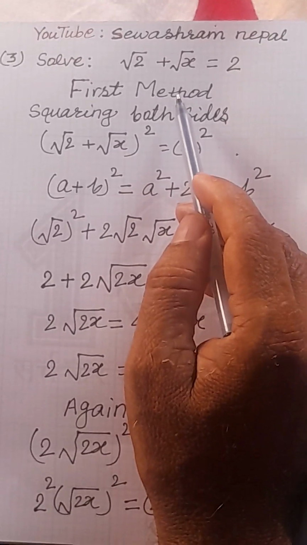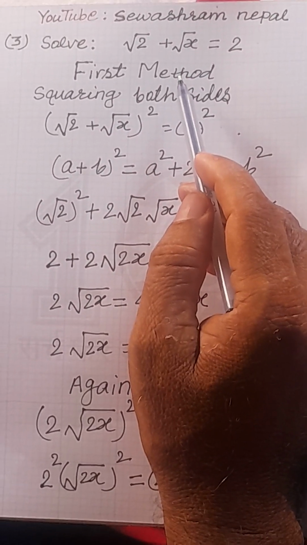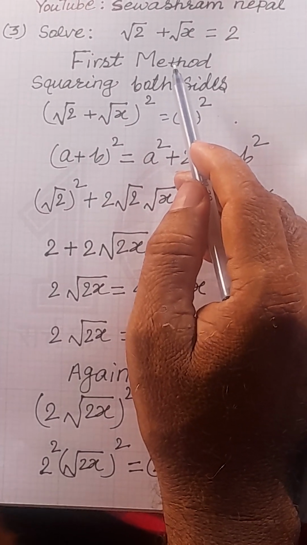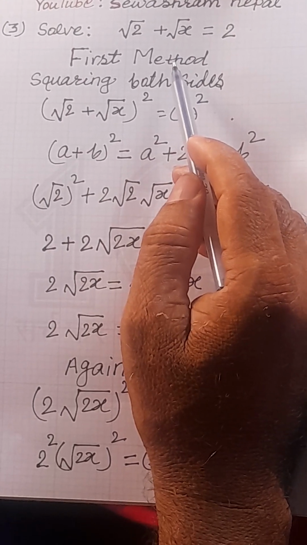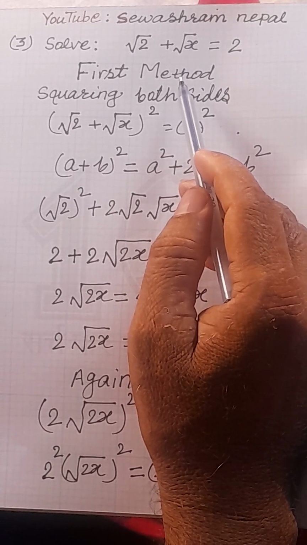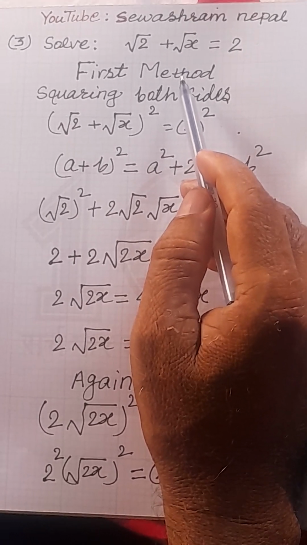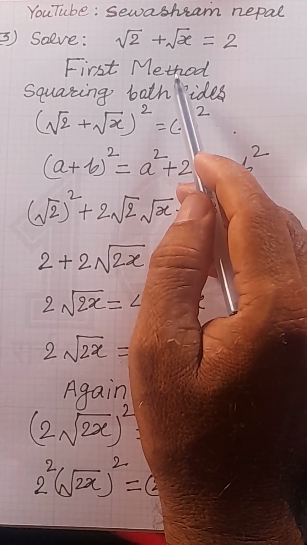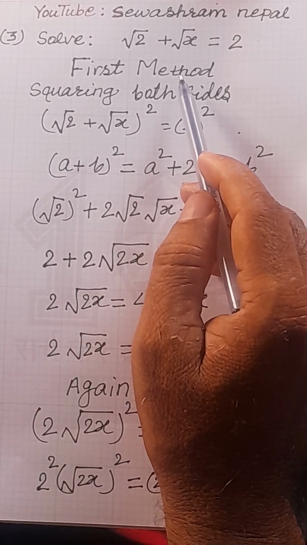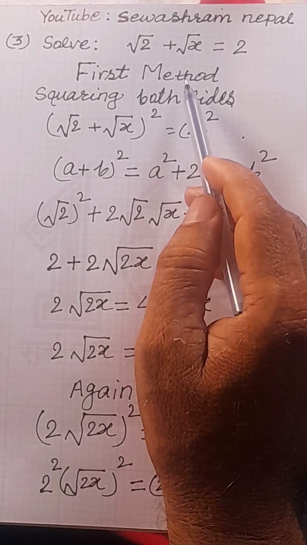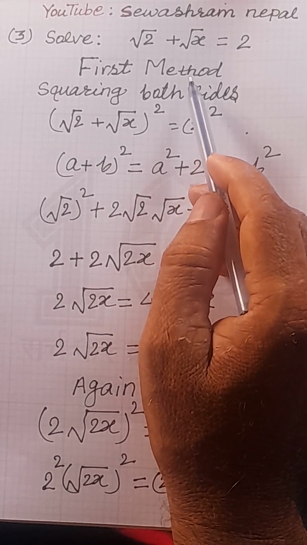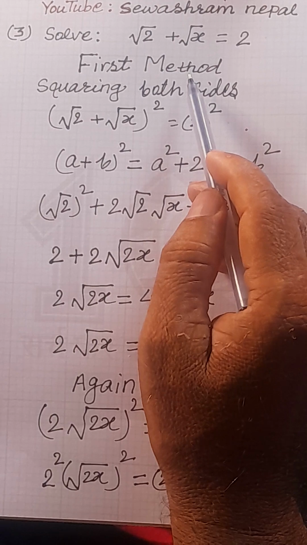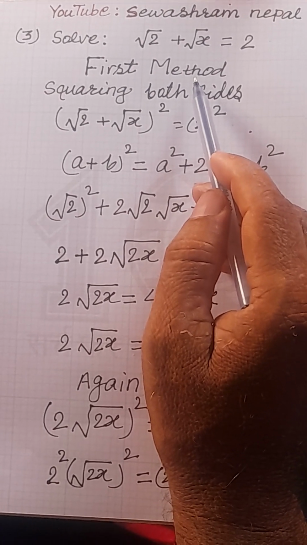Generally, in teaching-learning methodology, the simple method is used first, but here we are going to use the method which is a little bit complex, which is easily understood by class 9 and 10 students. Why? That you will understand later on.